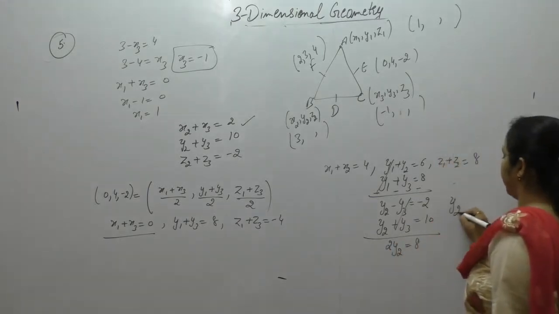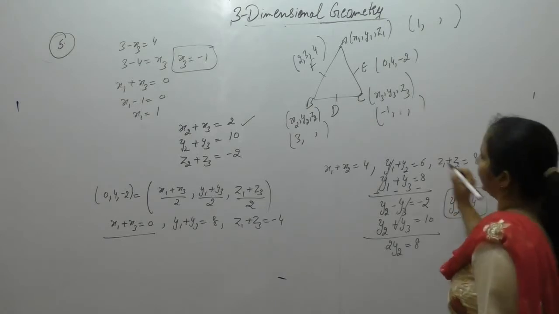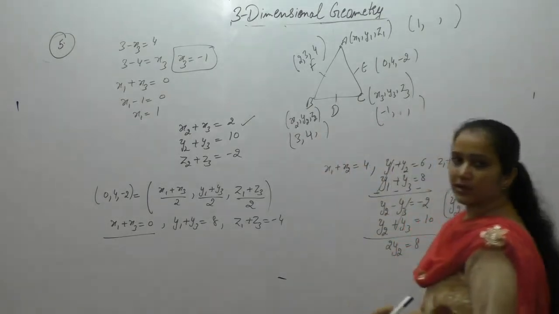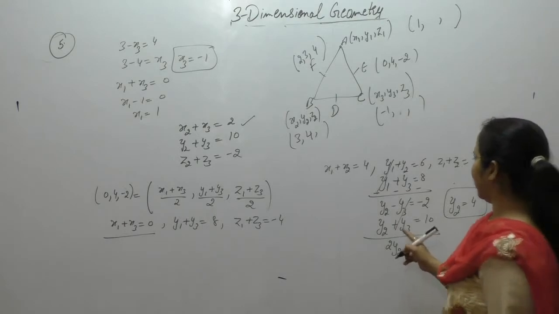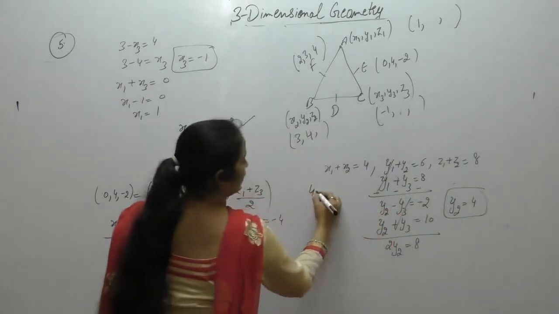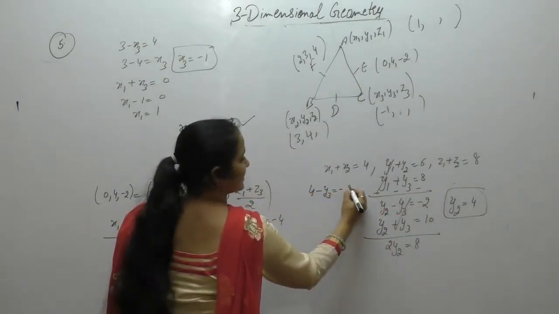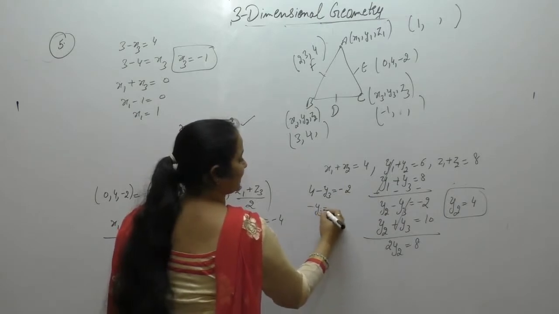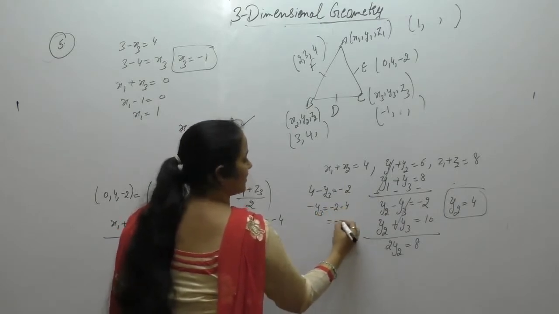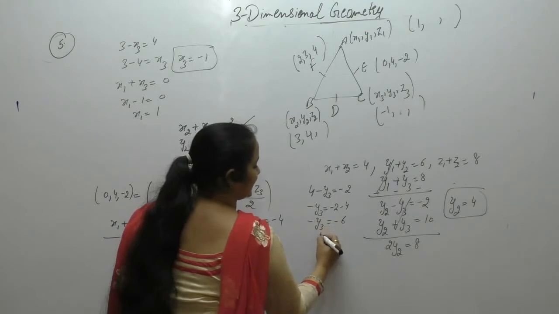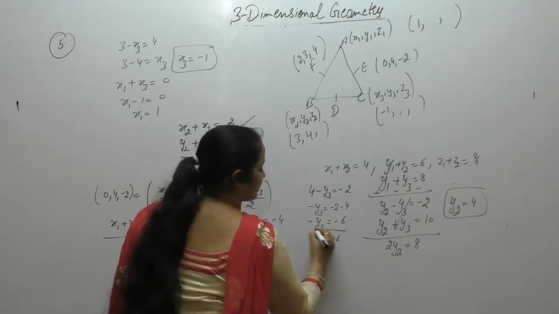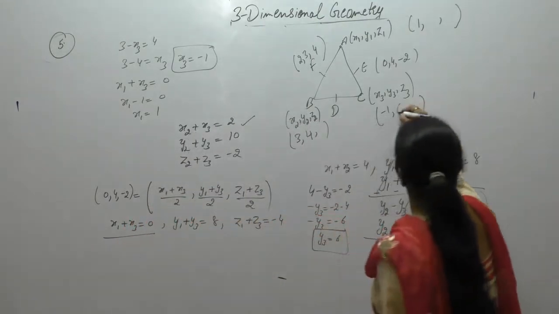So we get y2 as 4. Put the value of y2 here. 4 minus y3 is minus 2. Minus y3 is minus 2 minus 4, minus 6. So y3 is 6.